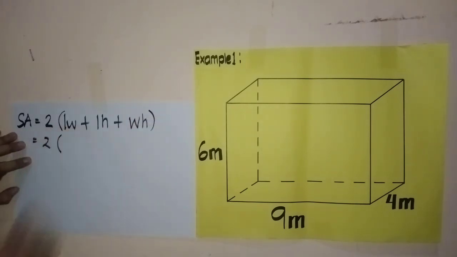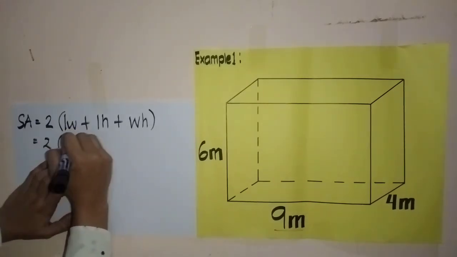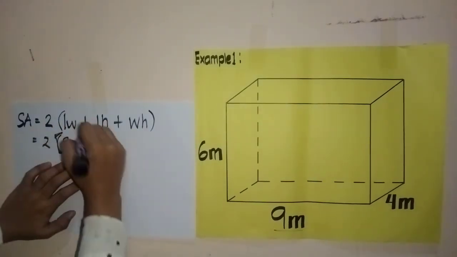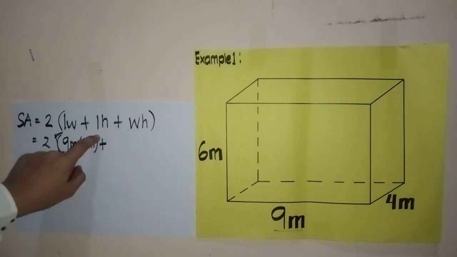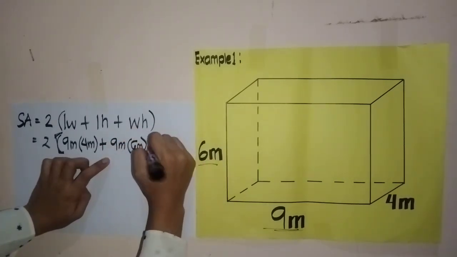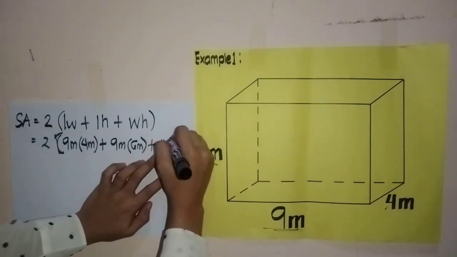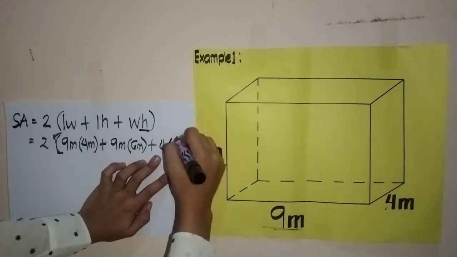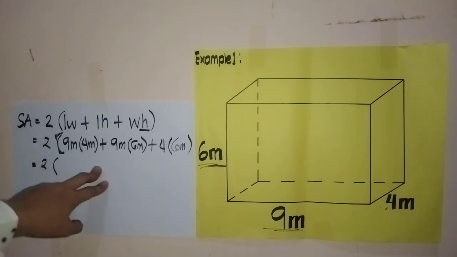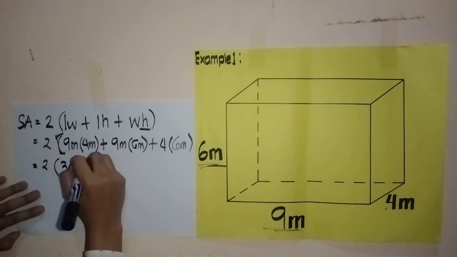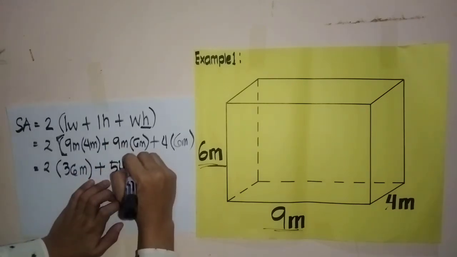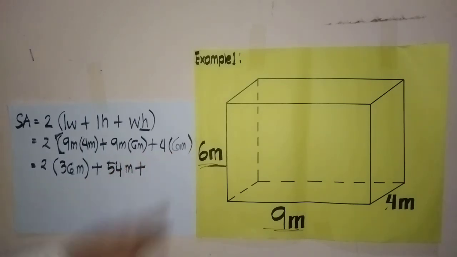So 2 times length, we have the length 9 meters, times the width, we have 4 meters, plus length, we have 9 meters, times height, we have 6 meters, plus width 4 times height, which is 6 meters. So 9 times 4 is equal to 36, plus 9 times 6 is equal to 54, plus 4 times 6 is equal to 24.